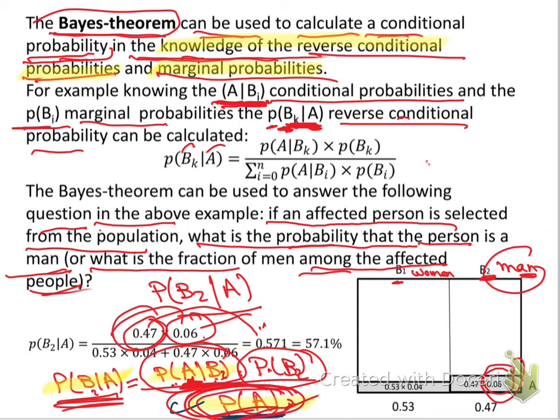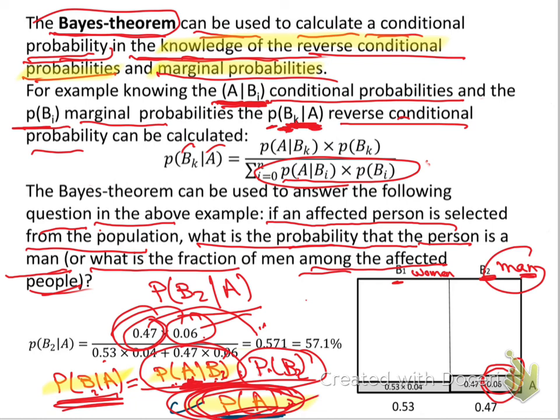Divided by the probability of A. We can take it from the previous example, or we can calculate it separately and put it here: the sum of A B1, A B2, and so on. We have already calculated this in the previous example.